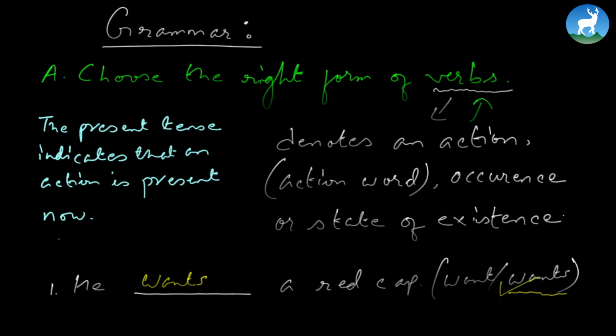Whenever we come across he, she, it, or even they, always remember that for the third person, if the subject is singular, we always add s at the end. Remember what I'm saying: in simple present, for the third person like he, she, it, if the subject is singular, we add s at the last. That's why he wants a red cap. You understand? Now let's move on further.